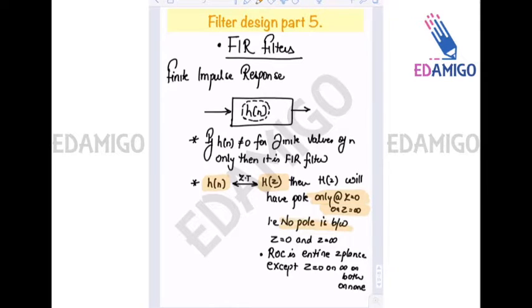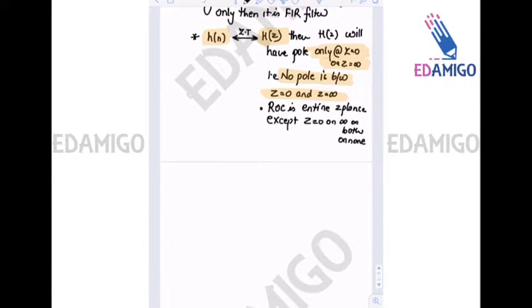There is no pole between z equals 0 and infinity, and the ROC is the entire z plane except 0 or infinity or both or none. Okay. So now let's look at a few properties, because these kinds of properties can be asked as a one-mark question in the GATE exam or any other competitive exams for electronics students.